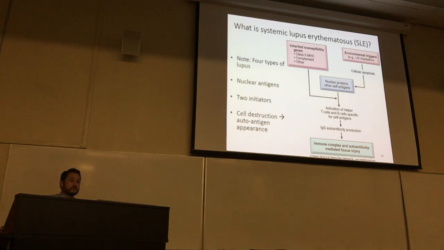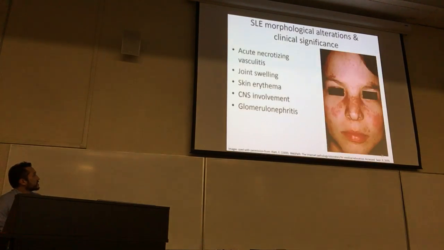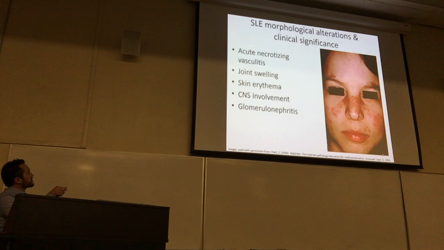And I already told you that UV light tends to exaggerate or exacerbate symptoms. So if we look at SLE, we see system-wide issues. We see acute necrotizing vasculitis. We see swelling in the joints. We see redness at the level of the skin. Skin erythema. Erythema is a word that means redness.